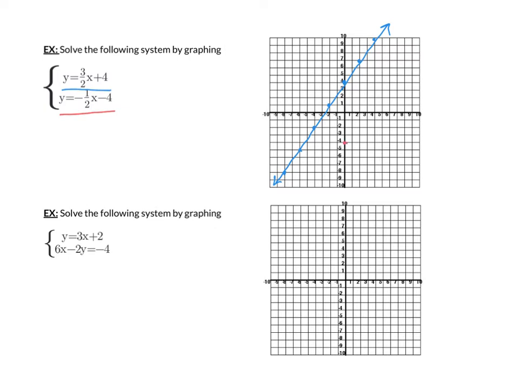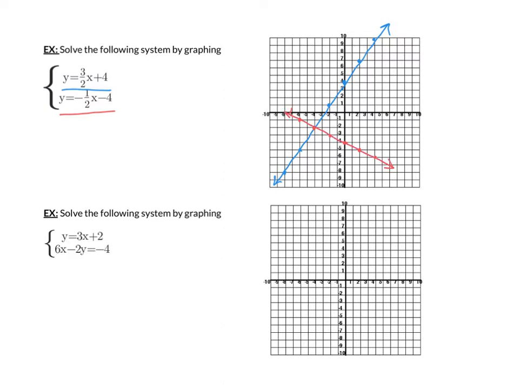So -1/2 is down 1, over 2. Let's erase that second dot. Down 1 over 2. And I can see right now I know which direction this is going to intersect. So now I'm going to graph it.